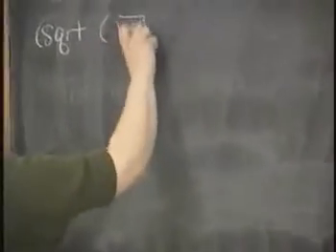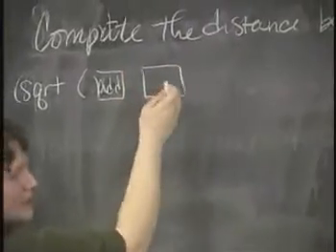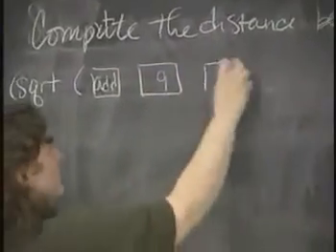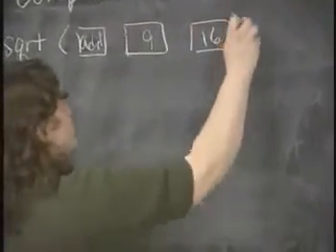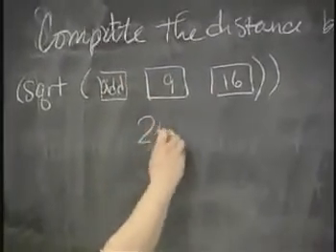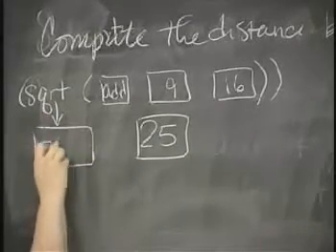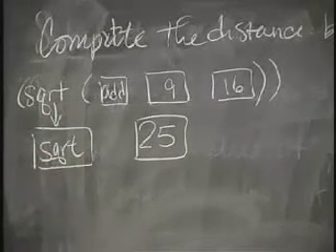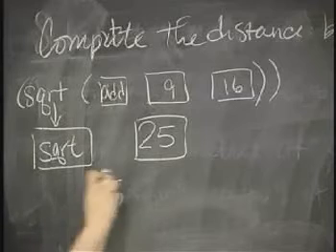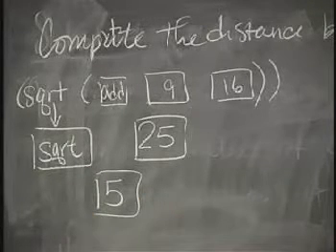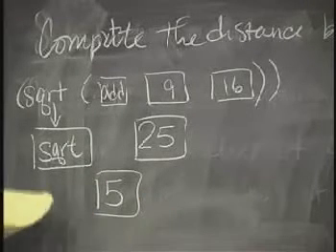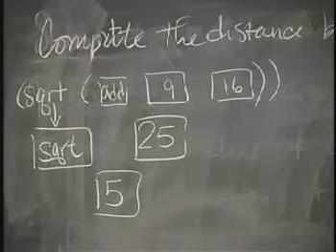Actually, I've already evaluated that to add. 9, 16. Apply the first to the rest. 25. This is the primitive procedure square root. Conveniently enough, it came out even. Long and gory. That's the substitution model.